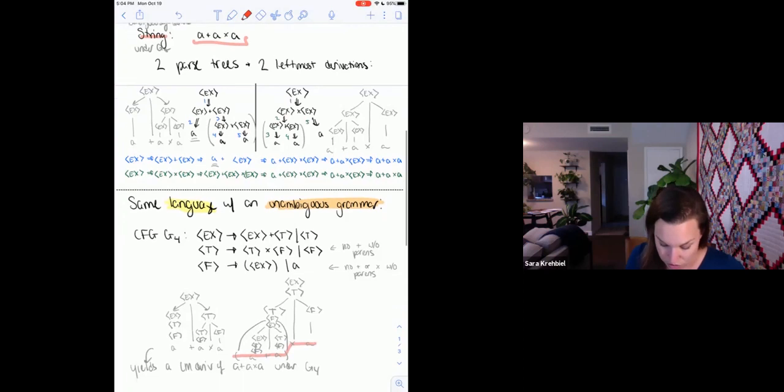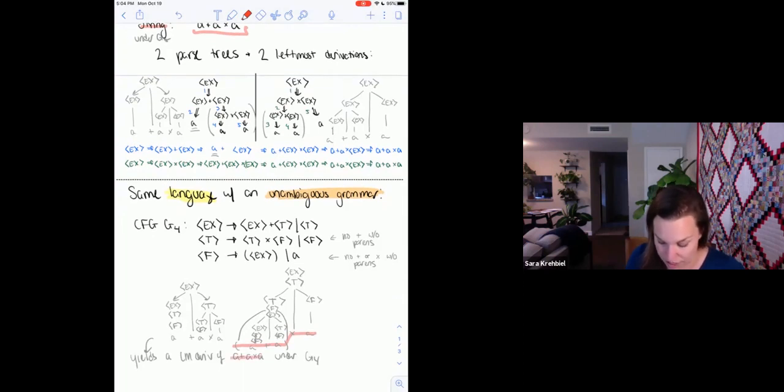And so this A plus A times A actually has a unique parse tree associated with it. So there is a unique leftmost derivation associated with it. So this is an unambiguously generated string under the grammar.